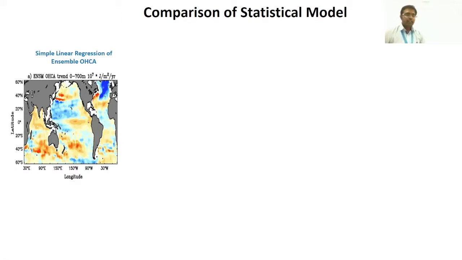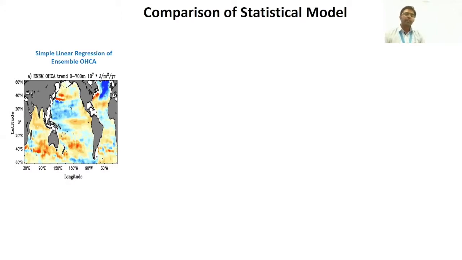So from this analysis, this is a simple linear regression of the ocean heat content. We can see that all the variabilities are present in this linear regression analysis. And what is the need for doing the multilinear regression is that the very short ocean record starts from 2005 and ends at 2015. 2015 was a case of super El Nino, which gives some kind of aliasing effect on the trend calculation within the shorter ocean record.